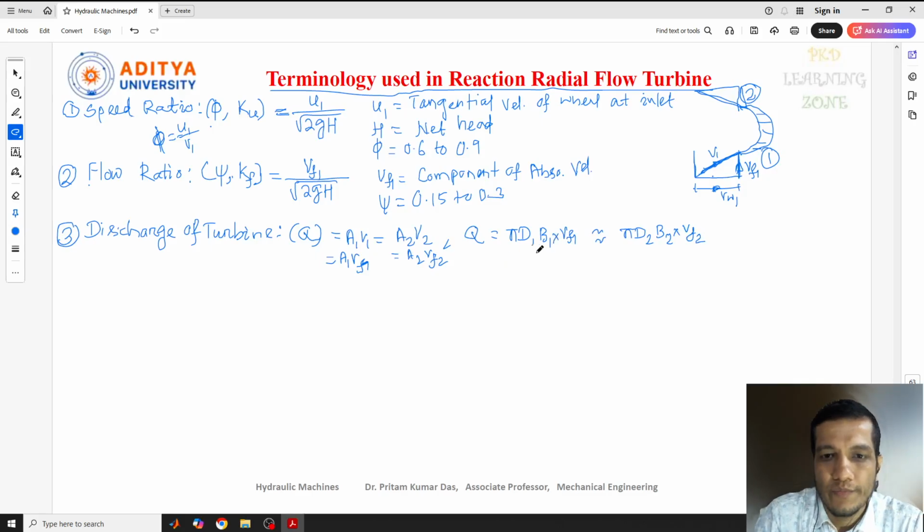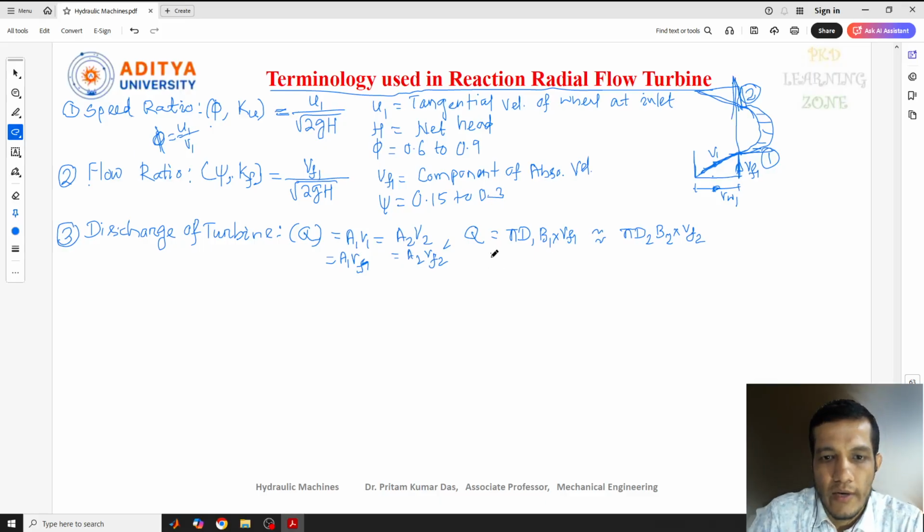So as I told you that d1 is nothing but diameter of the runner. So the diameter of the runner at inlet condition, at this point, what is the diameter? If I take a center point of this, from this center point to here, how much distance is situated? From here to here, how much distance? And this is outlet condition.